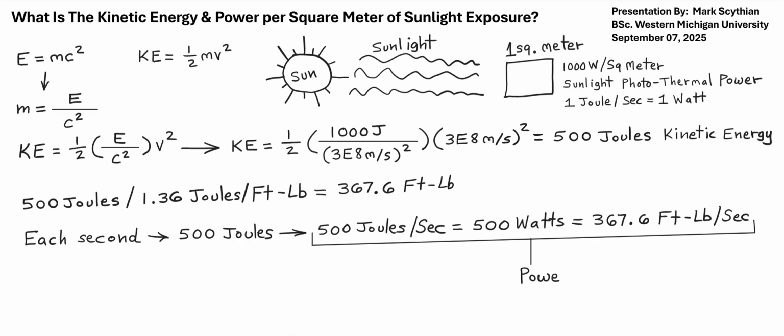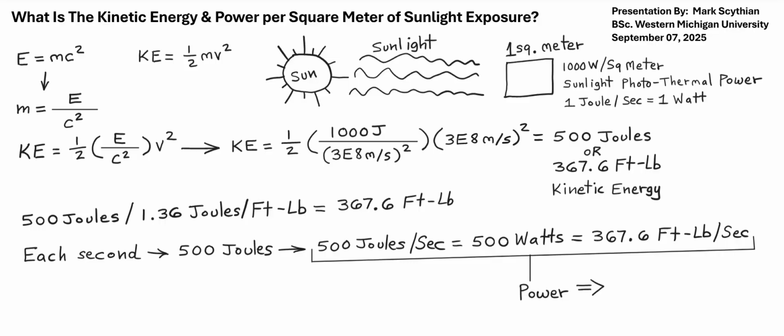So this then calculates the power per square meter of sunlight exposure. So then we solve for the equivalent horsepower. And this is 500 watts divided by 746 watts per horsepower, which is equal to 0.67 horsepower.